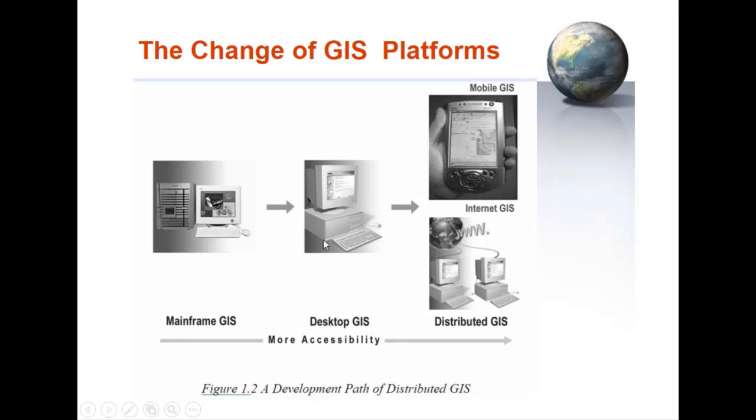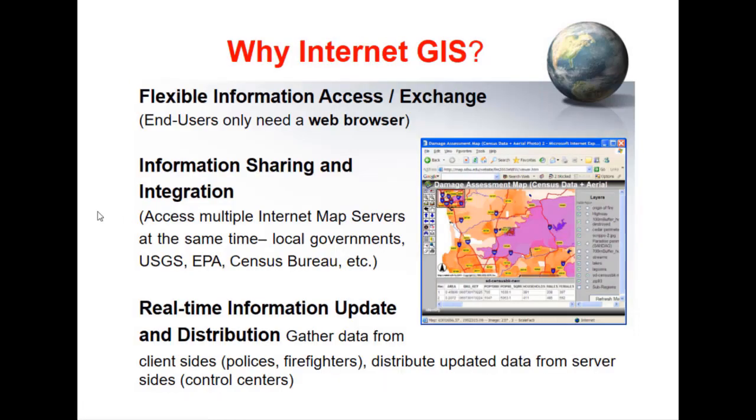The software were on that system, and after desktop GIS we have transformed to mobile GIS, then Internet GIS, as well as the distributed GIS system. All these are part of Web GIS only: mobile GIS, Internet GIS, and the distributed GIS. So this is the development of GIS platform throughout the history.